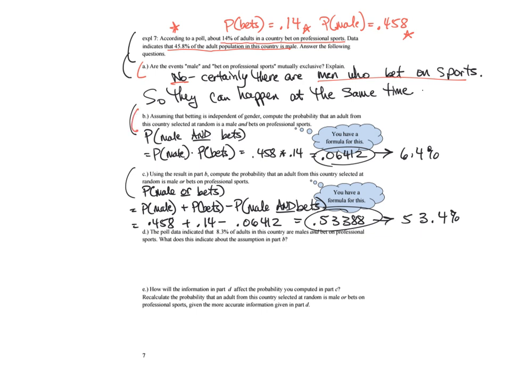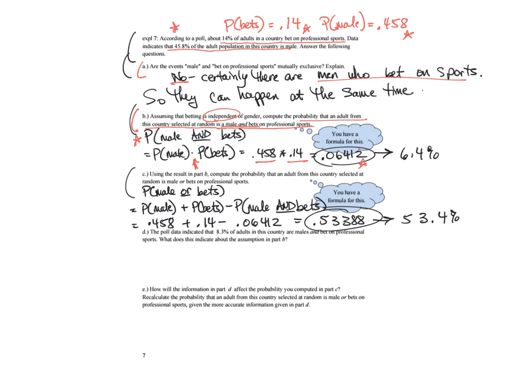In part B, it says, assuming that betting is independent of gender, compute the probability that an adult from this country selected at random is male and bets on sports. So, in my shorthand notation, I have the probability of male and bets. Because they're independent, I can multiply those two probabilities, and I end up with 0.458 times 0.14, which gets me 0.06412.